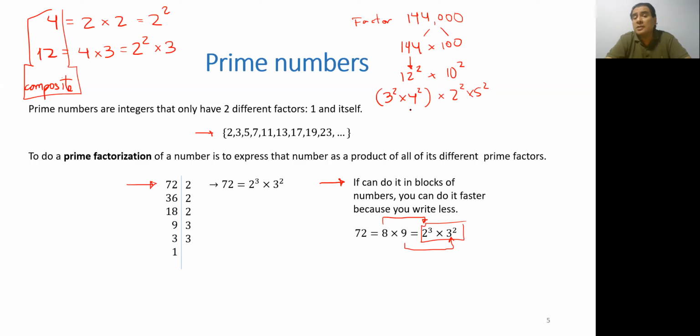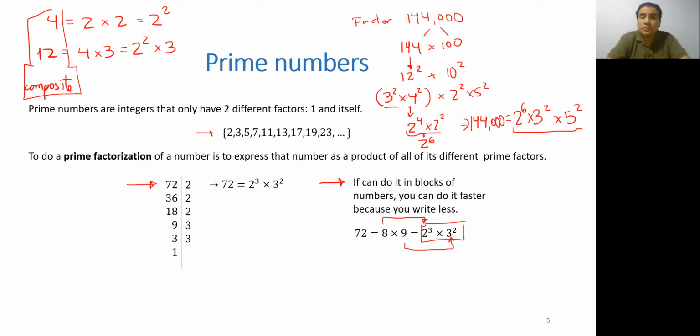All we need to do now is express 4 squared as a power of 2, which is 2 to the 4, times 2 squared. This will be 2 to the 6. So eventually, 144,000 can be expressed as 2 to the 6 times 3 squared times 5 squared.